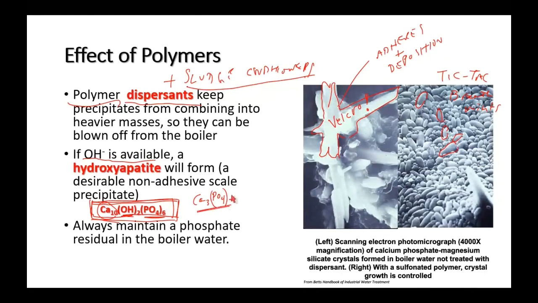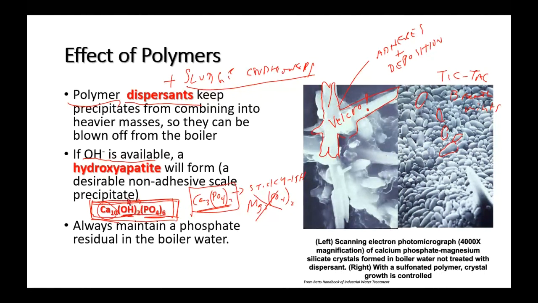That's what we think we're going to get. And this ain't the greatest kind of stuff because it is kind of sticky. There's one that's even more sticky than that. This one here, Mg3PO4, is quite adherent. So we actually don't like this one to form. But this one here is kind of sticky as well, and we don't want deposition.